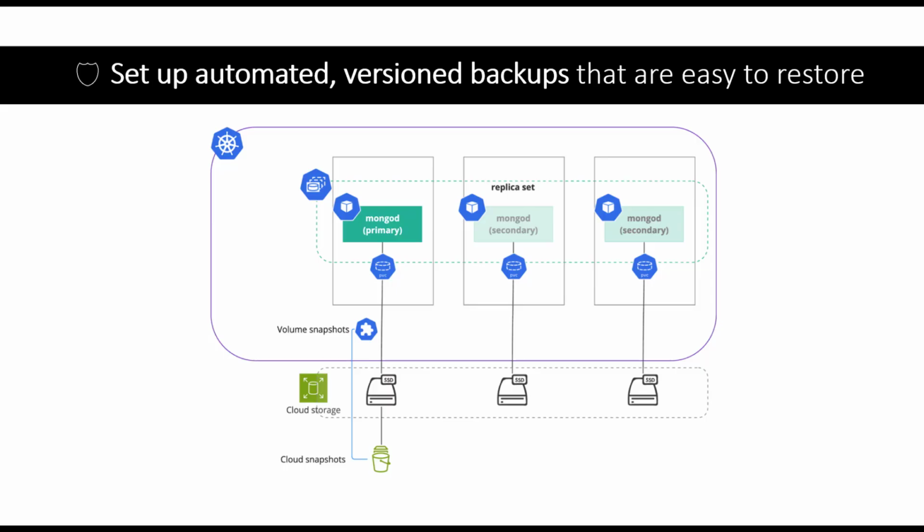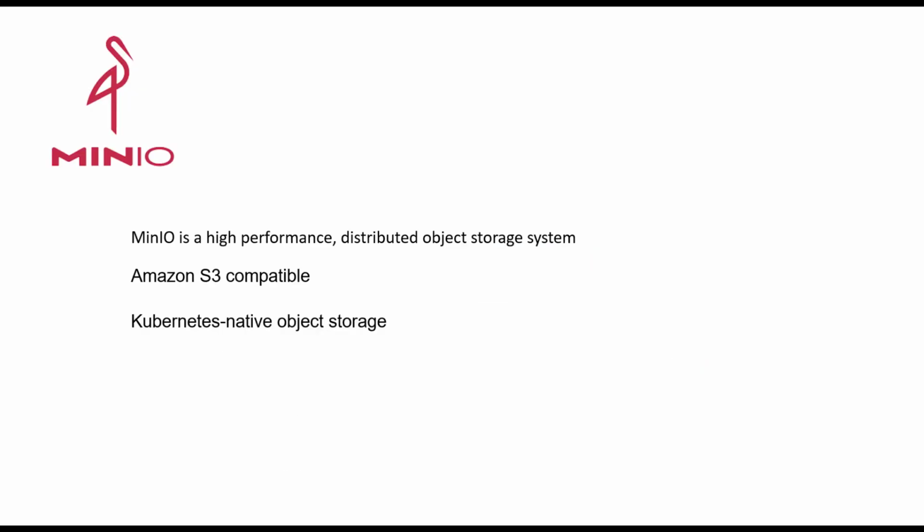But if you don't have access to S3 at the moment, we can use a replacement storage like AWS S3 called MinIO. MinIO is a high performance distributed object storage system, and it is Amazon S3 compatible. Also, it can be deployed anywhere.